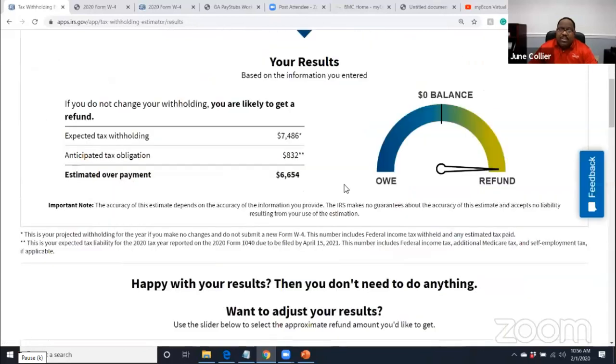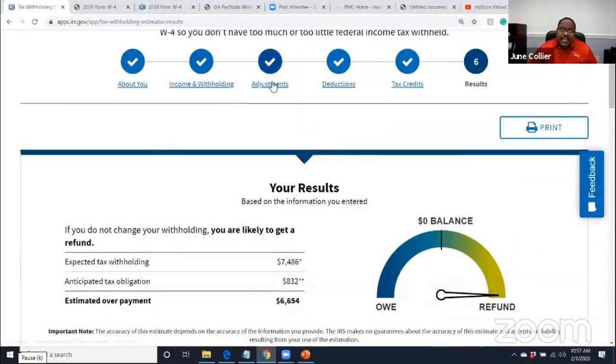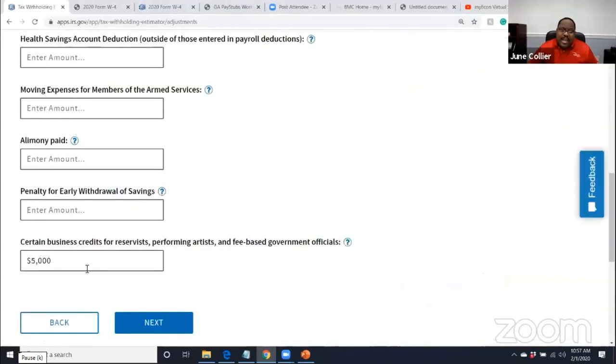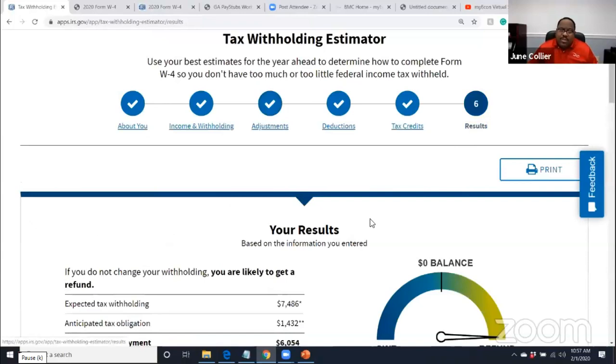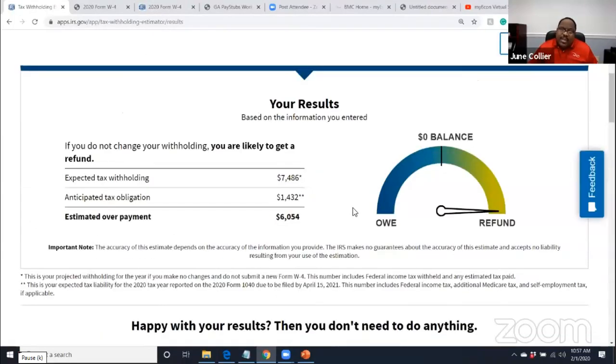And our results now show us that our tax obligation has been reduced to $832, right? Do you guys remember what it was before we put the $5,000 there? Let's go back and take a look at that real quick. If we take out the $5,000 and go back and look at the results, we would owe $1,400.